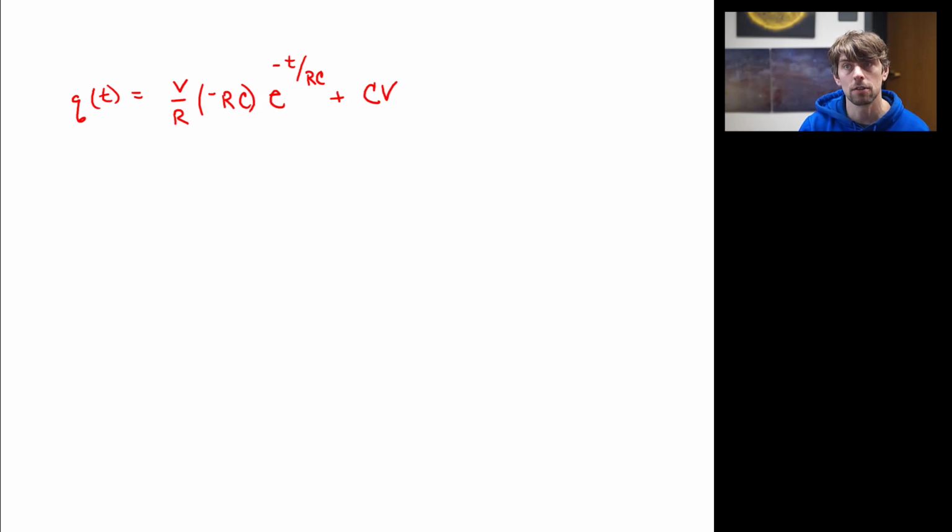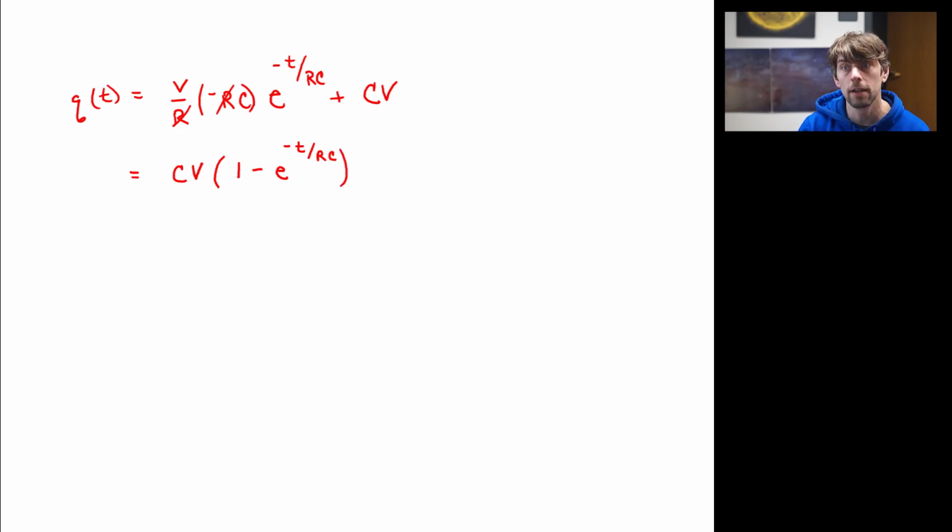And we could go ahead and simplify. Notice I have the goody-goody moment. The R cancels the R, and I get something that says, now I have CV out front. So we have a common term of C times V, so I'm going to pull that out. I get 1 minus e to the negative t over RC.